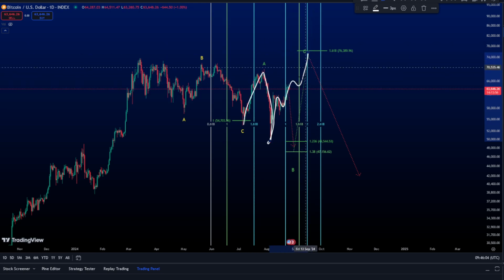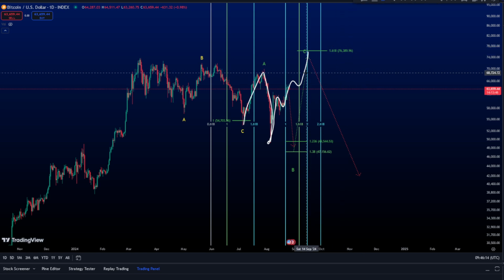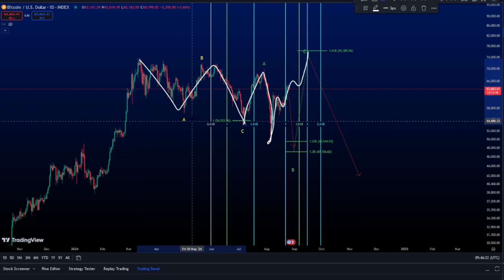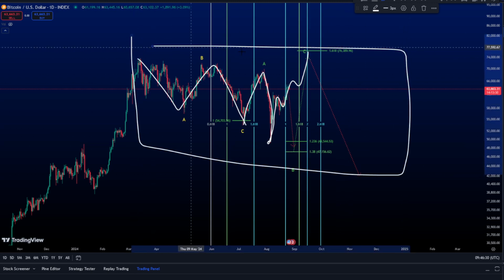Now, if that is the case, we could reach directly the 1.618 fib level at 76,400. And after finishing this flat, that means we are looking at a complex structure here, one zigzag, one expanding flat, and we will need one more structure to finish this whole wave 4.